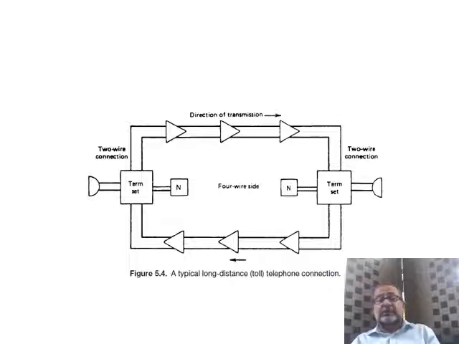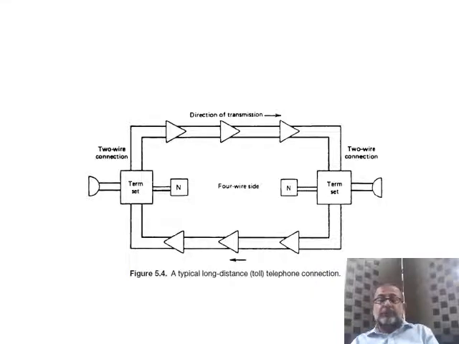Two-wire telephony signals are coming from the right hand, and they are entering the terminal set. From the terminal set, they are converted into four wires. Two wires go above the terminal set, and two wires go below the terminal set in this diagram.